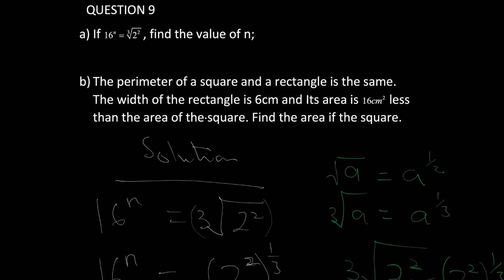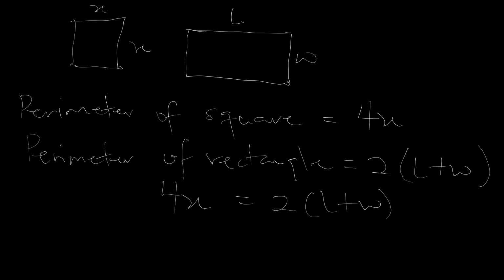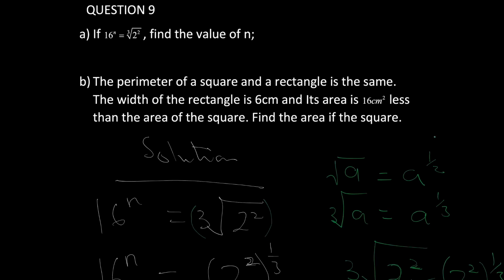The width of the rectangle is 6 centimeters. So we know that W is equal to 6 centimeters, and the area is 16 less than the area of the square. So the area of the rectangle is 16 less than the area of the square.